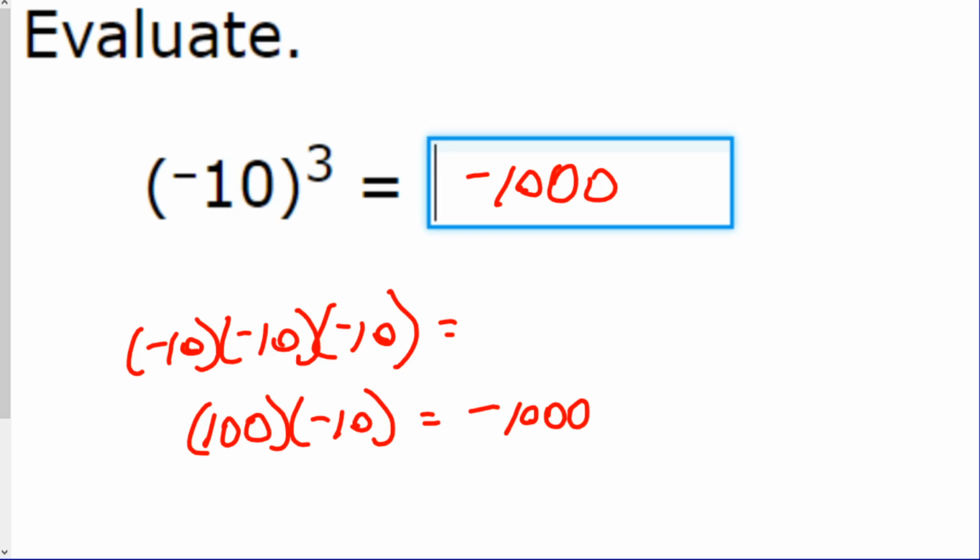All right, so just type this in the calculator. You would type it in exactly the way it looks. So you're going to type in parentheses, negative 10, end parentheses, and then on the TI-83 or 84, just above the division key, there's a little key that looks like this. It's called a caret. You type that in, and depending on your version of calculator, it may move up and let you type in the box, or it may not.